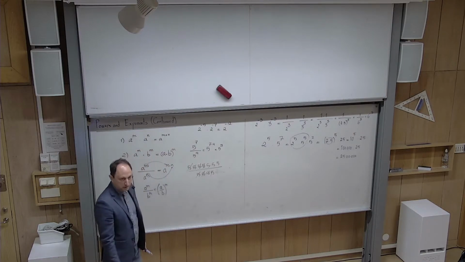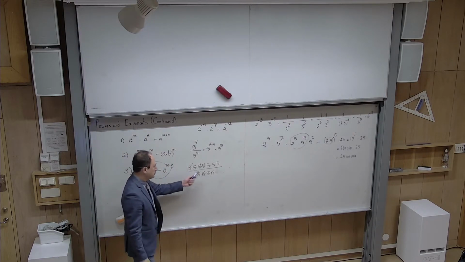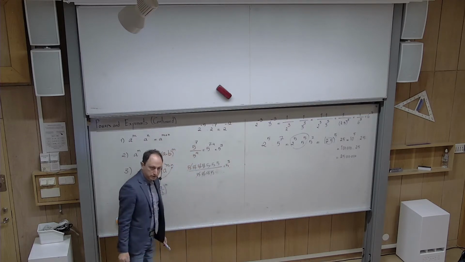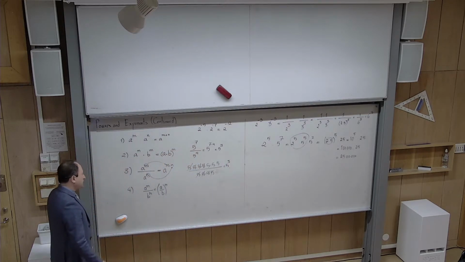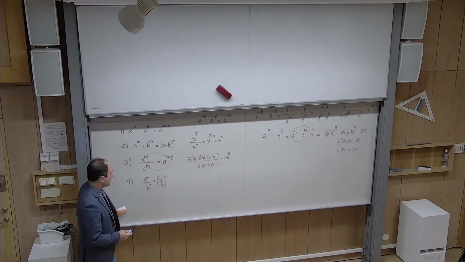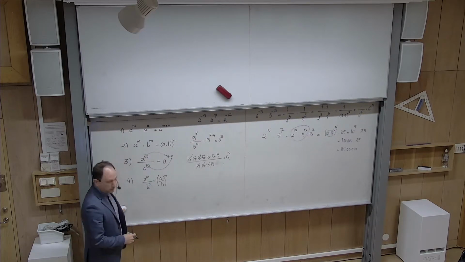How many 5s are left? 3 of them in the numerator. But multiplying 5 by itself 3 times means 5 to the 3. Yes? But of course, I don't want to go through all of this. If you are interested, I really recommend you to be able to prove these formulas for negative powers as well.